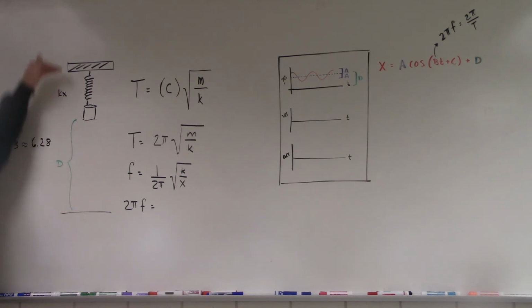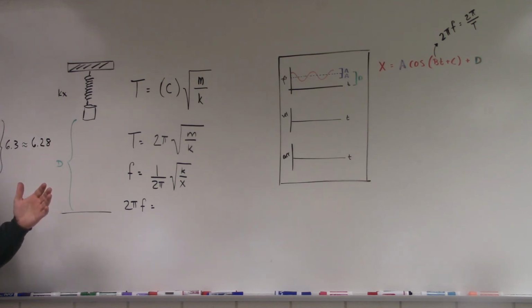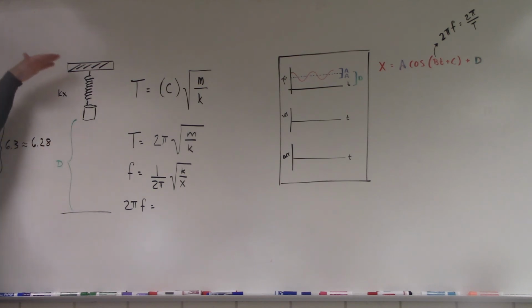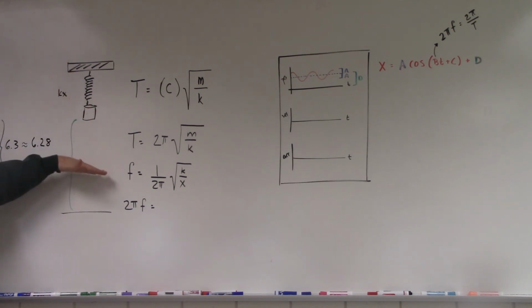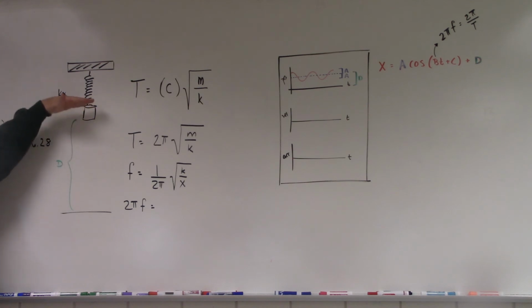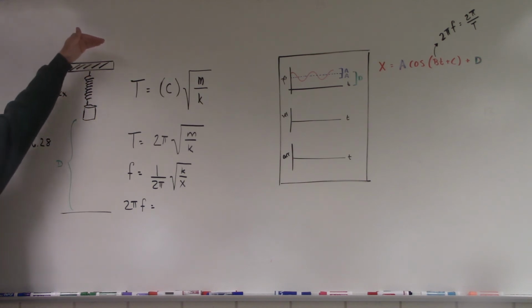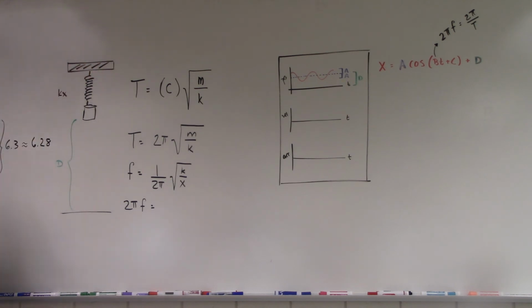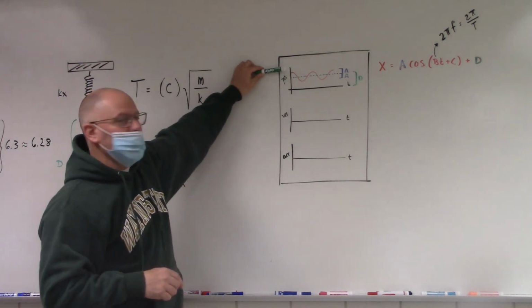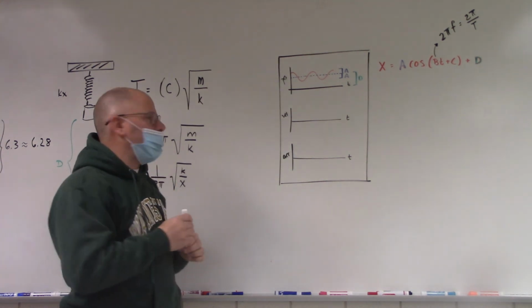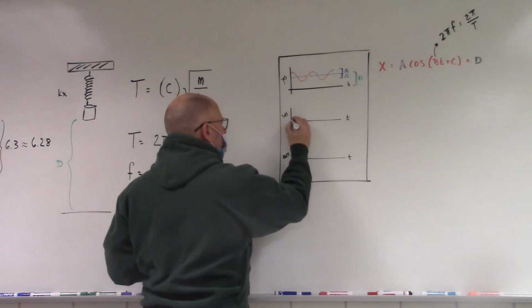When it's at the maximum height, that's the maximum distance from the sensor, what's true about its speed? Zero. If you watch it bounce up and down, it speeds up in the middle, slows to a stop at the bottom, speeds up through the middle again, and slows to a stop at the top. Is that cool? So when its position is at its maximum, highest above the ground, what's true about its speed? It's zero.